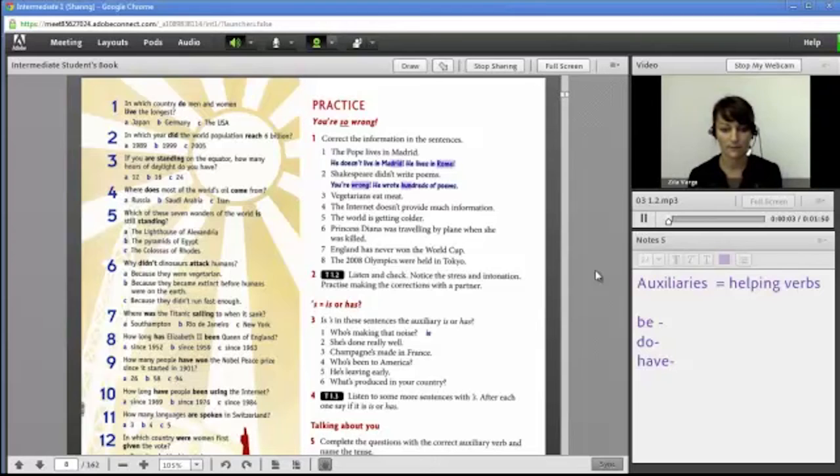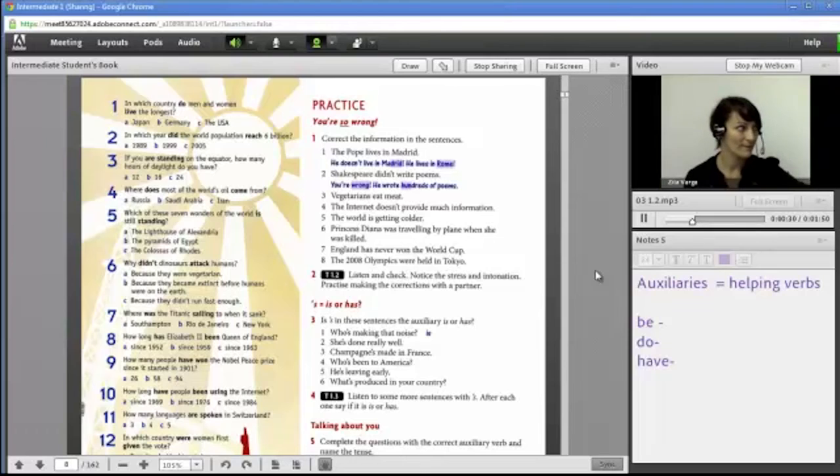You're so wrong. 1. The Pope lives in Madrid. He doesn't live in Madrid. He lives in Rome, in the Vatican. 2. Shakespeare didn't write poems. You're wrong. He wrote hundreds of poems, not just plays. 3.